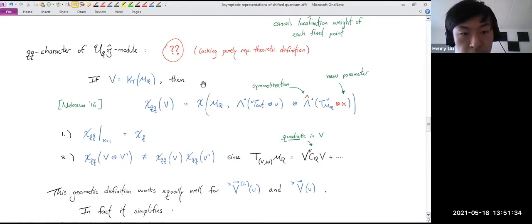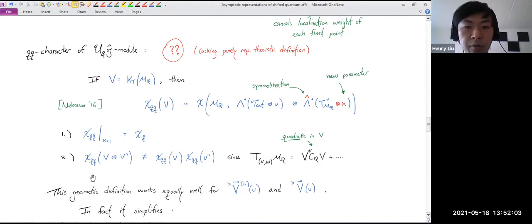And right off the bat, we can make two observations. The first observation is, of course, if you set kappa to 1, we will recover the Q character. And that's not so surprising. The maybe slightly more subtle observation is that the QQ character is no longer a homomorphism.